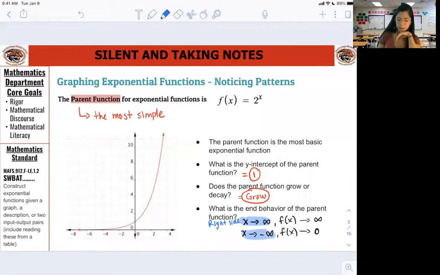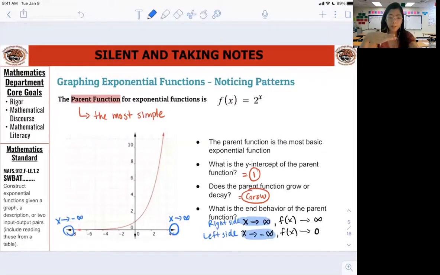On the left side, the graph goes to 0. So that's what I highlighted in blue, that's what that's telling you to look at. It's telling you to look on the right side as x approaches infinity, and it's telling you to look on the left side as x approaches negative infinity. So that's why those two statements never change. It's always going to say x approaching infinity and x approaching negative infinity.